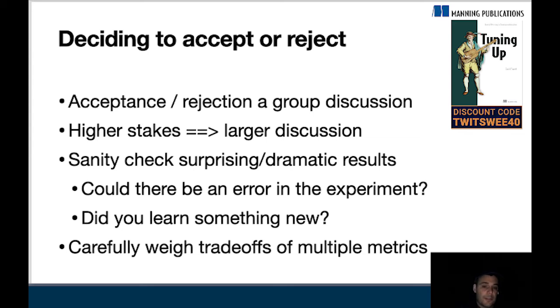Now, in these discussions, we talk about the stakes, talk about the risks, talk about the potential rewards, but we'll also talk about domain knowledge. We'll come back to domain knowledge and we'll do sanity checks. If a result looks surprisingly good, you might want to ask, could there be an error in the experiment?